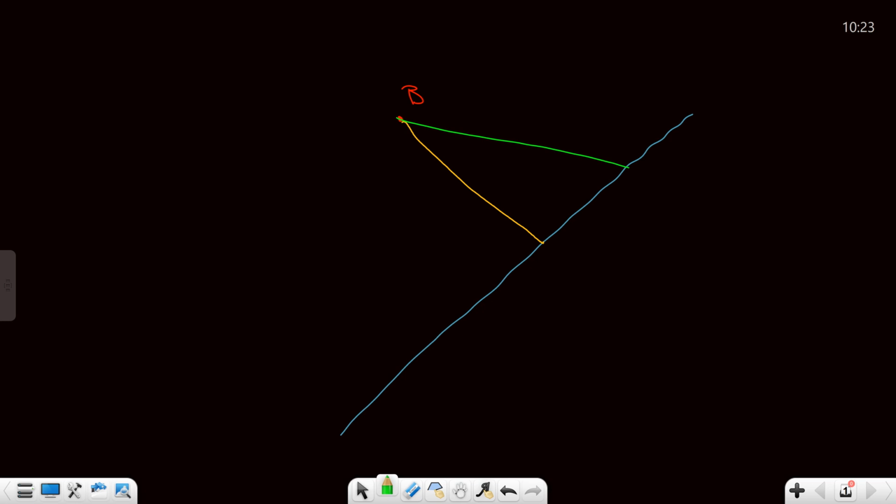Anybody else? Do we all agree with that statement? Yeah. The green path is longer than the yellow path, so Brandon chose smartly. So how do we know that the green path is longer than the yellow path?